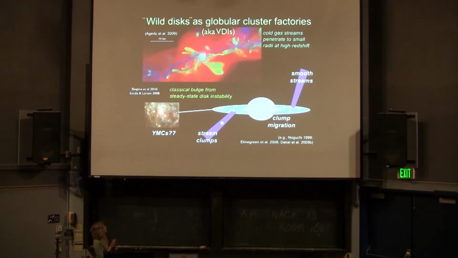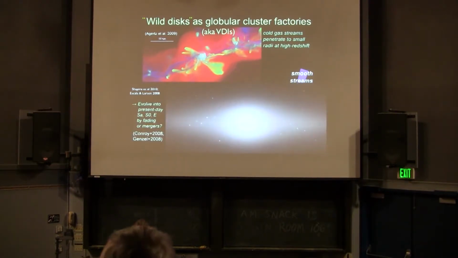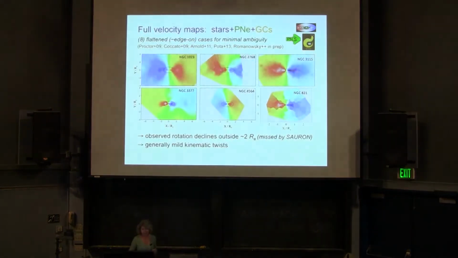We noticed that these clumps have about the right size, and formed at about the right redshift with the right metallicity, to be the hosts of metal-rich globular clusters. Of course, you're allowed to evolve those wild disks passively to the present, and maybe they become the lenticular galaxies of today, or you're allowed to merge them and perhaps form other early-type galaxies.